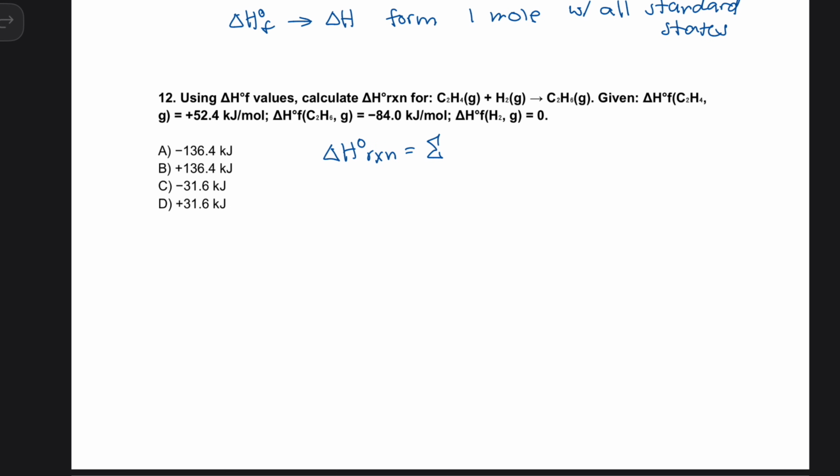So our formula looks like this. It's the sum of the delta H of formation of products minus the sum of the reactants. And then this symbol here just is the coefficient.